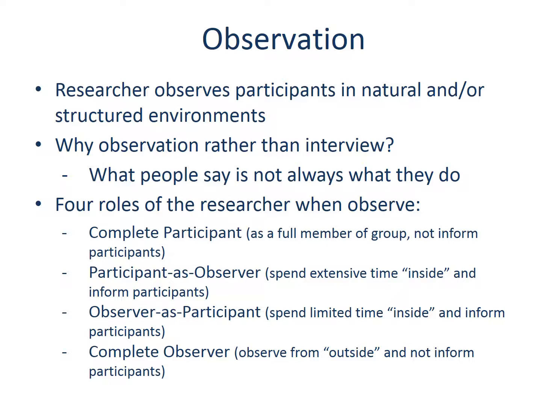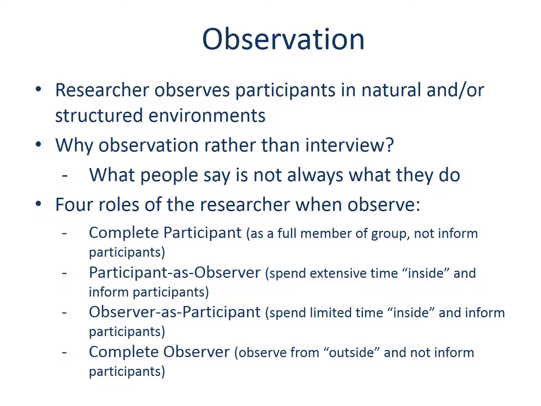To understand the way a phenomenon actually occurs, a qualitative researcher can be a complete participant, a full member of a group, and not even tell people that you are a researcher. They will think that you are just there participating along with them, just like one of them. In the participant-as-observer model, the participants know that you are a researcher, but you spend a lot of time with them, and you can immerse yourself in their practice or what's going on.